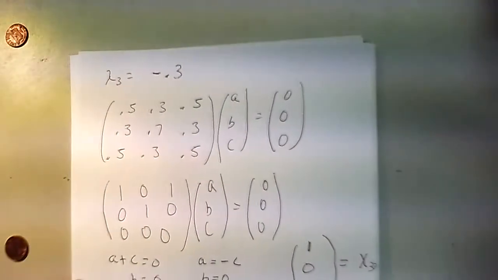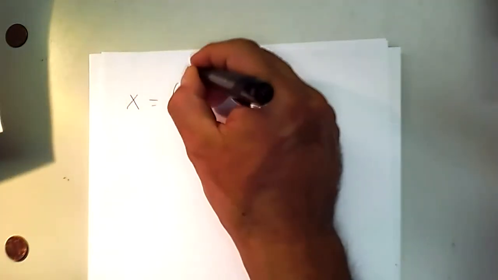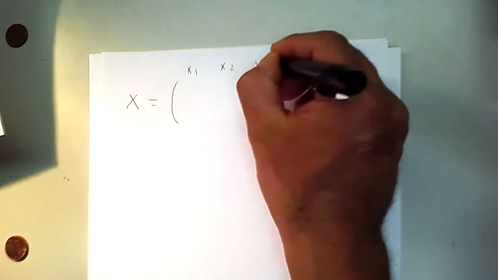So that means that our matrix X, which will consist of the eigenvectors x1, x2, x3, will be, I have to go back to what x1 was. I think that was 1, 1, 1.